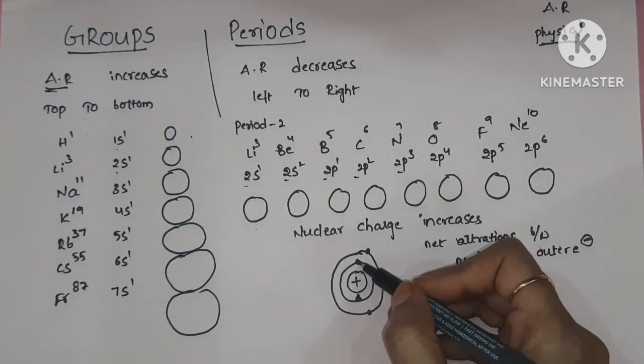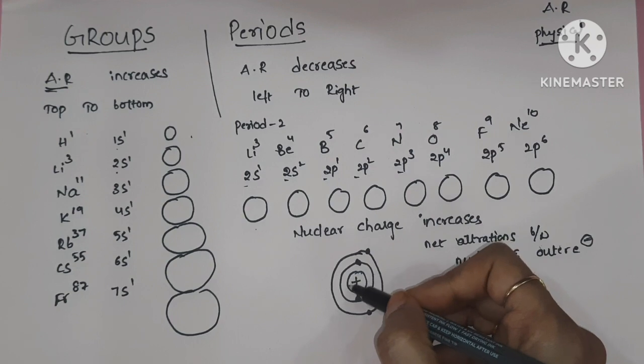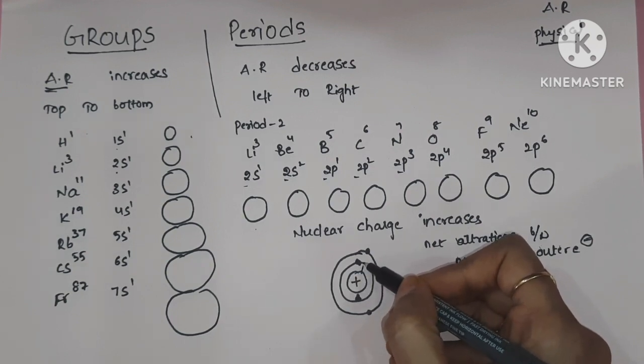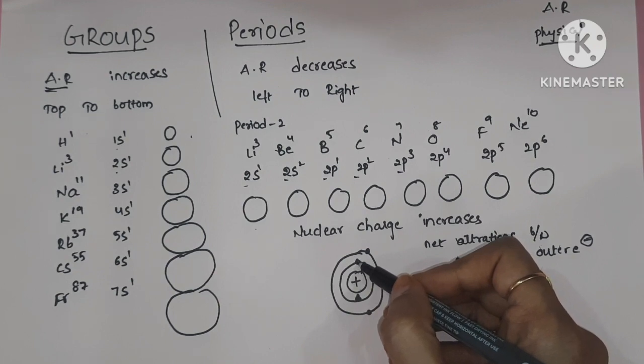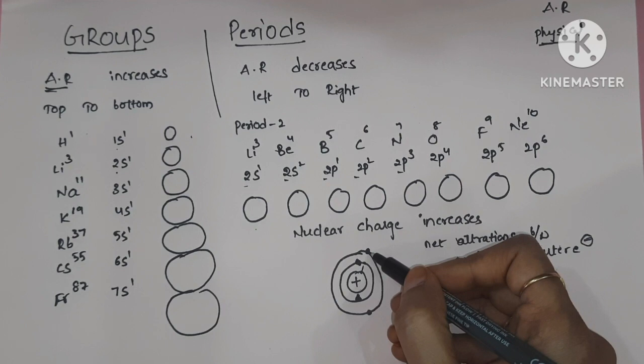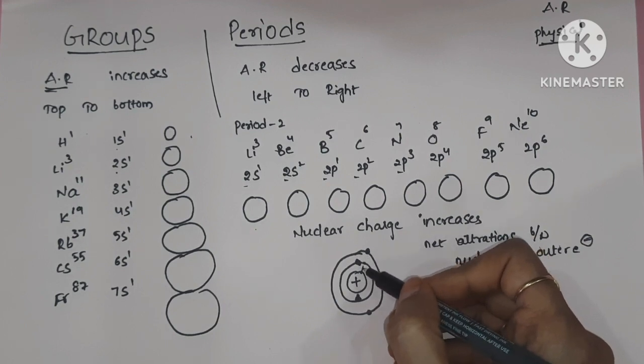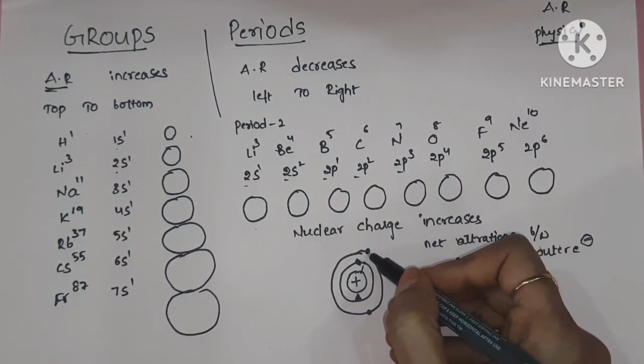The inner electrons feel the attraction of the nucleus completely, and they block some of the attraction of the nucleus towards the outer electrons. This is a big difference between inner electrons and outer electrons.